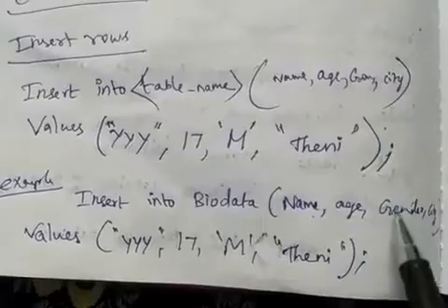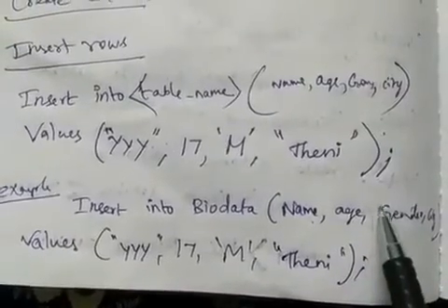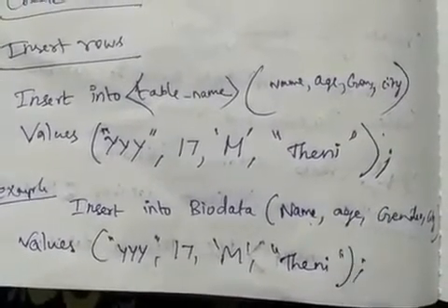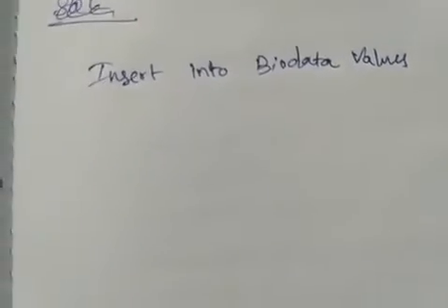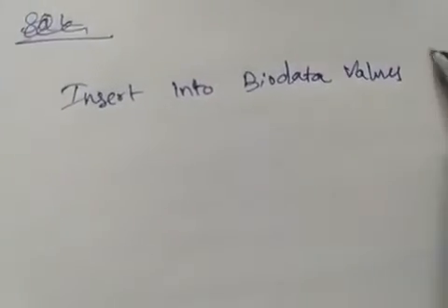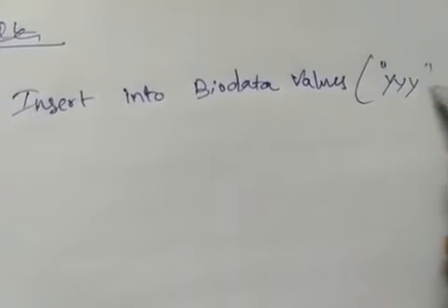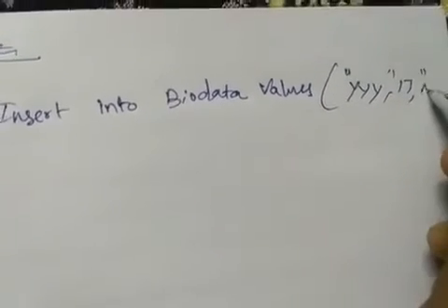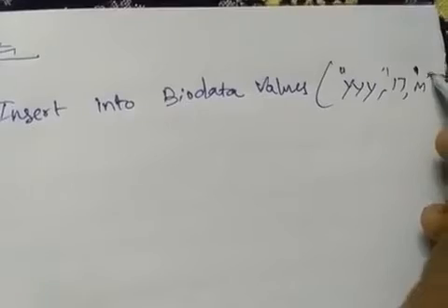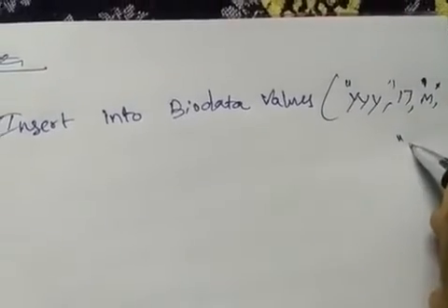No need to specify them every time you type the same command. You can also type like this: insert into biodata values, and what are the values here? YYY, and then age is 17, male, and then Theni.